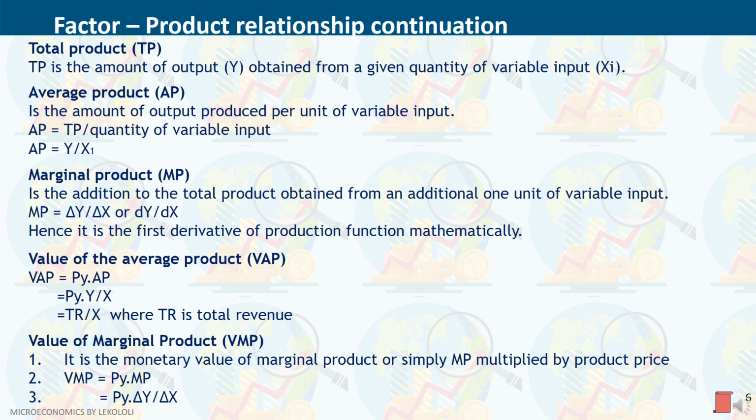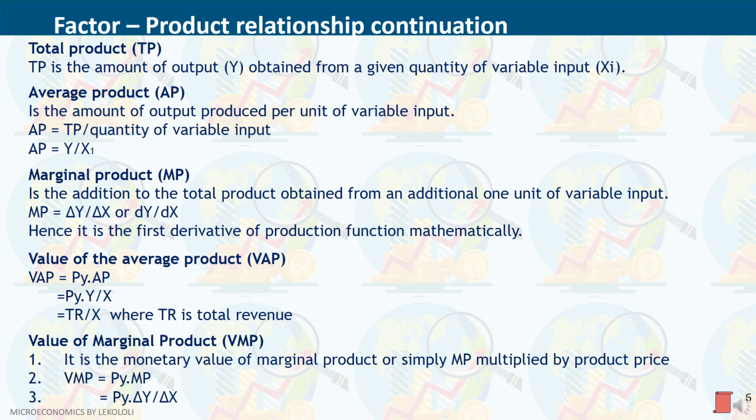Lastly, there is value of marginal product. It is the monetary value of the additional output you get from adding one more unit of the variable input. To find it, you simply multiply the marginal product by the product price. That's PY.